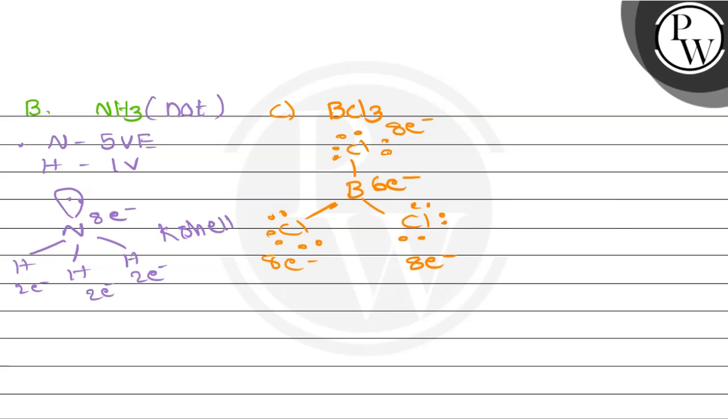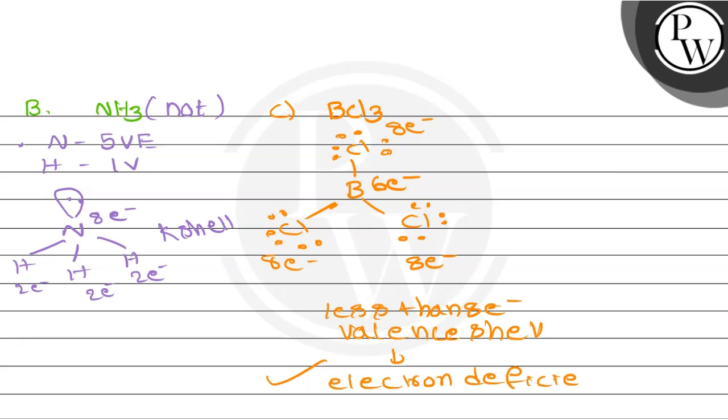So it has less than 8 electrons in its valency shell. So it is an electron deficient compound. So option C is the correct answer.